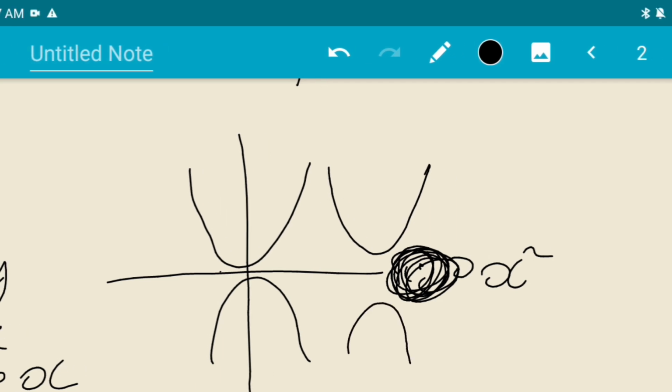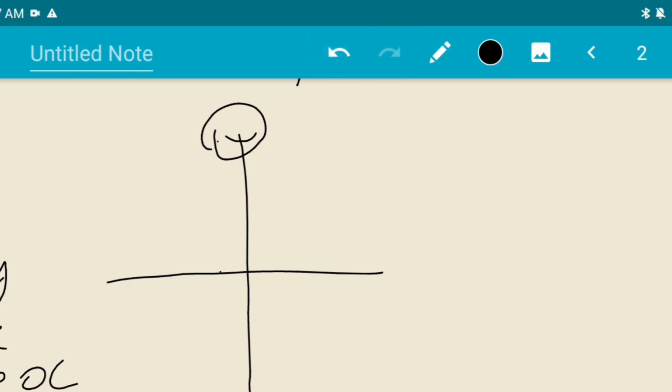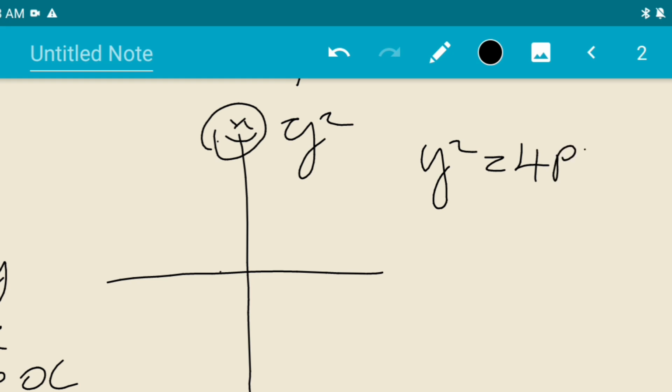It just depends if it has a negative or a positive. Now if this person's head is here, then the arms obviously will be this side and this side. So if the head is y squared, then this would be y squared is equals to 4px. It would either open in this way or that way.